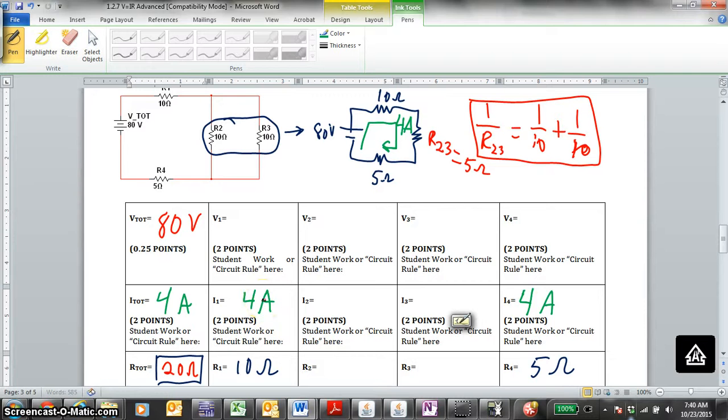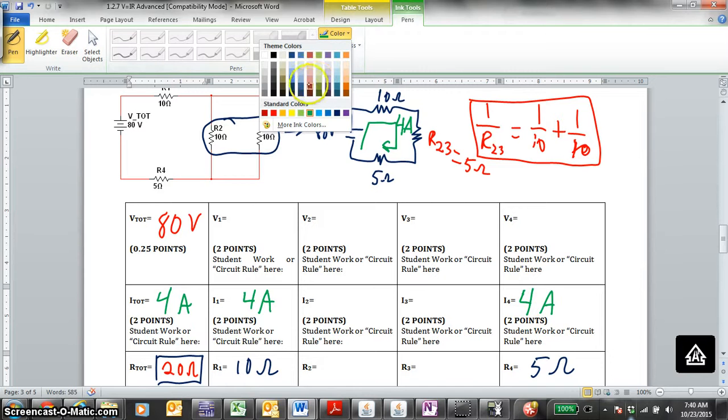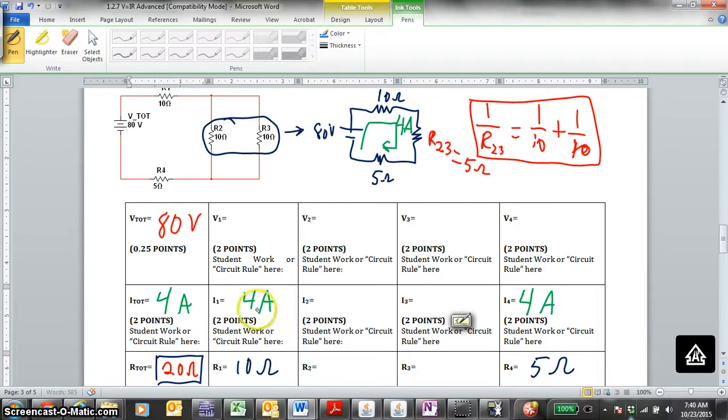Since you have I and since you have R, find V for the resistor 1, this column. V equals IR, V equals 4 times 10 for V1, 40 volts.